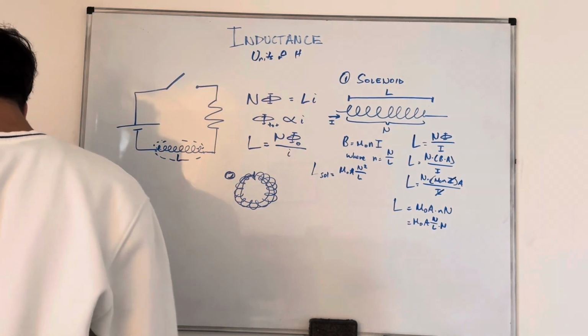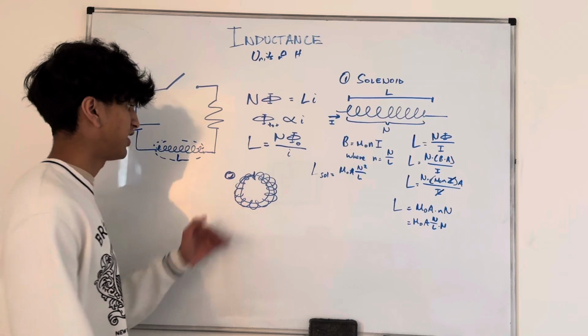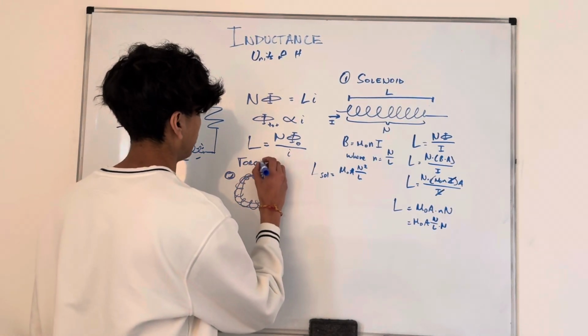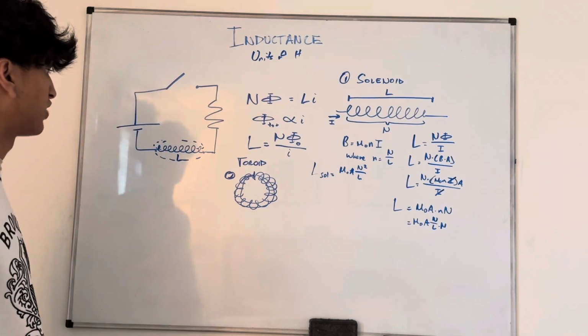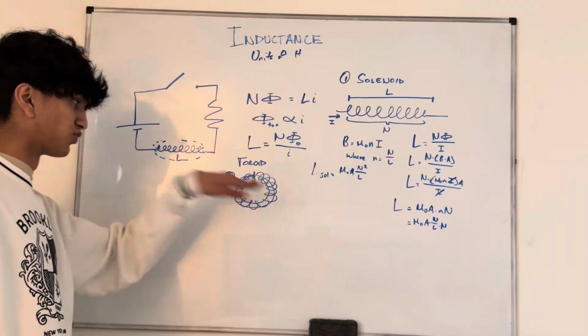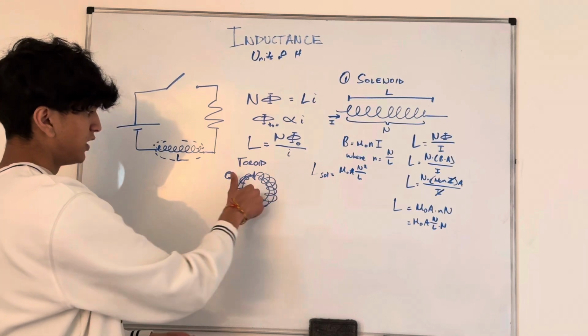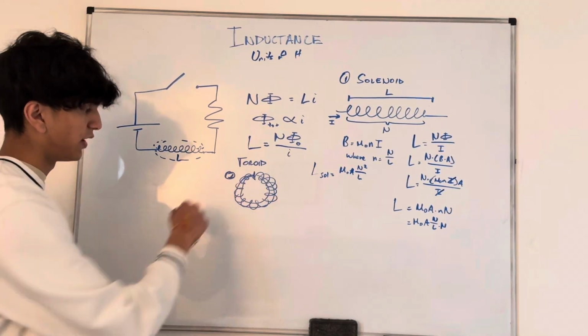Once again, you can use Ampere's law to figure out what the magnetic field is through the middle here, because you can use your right hand rule to see that it creates a magnetic field this way.